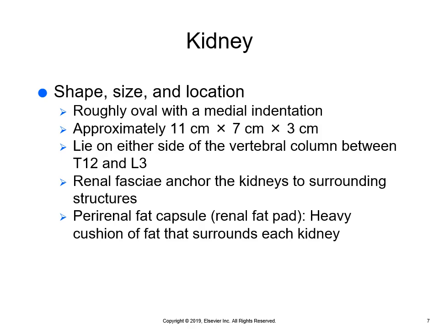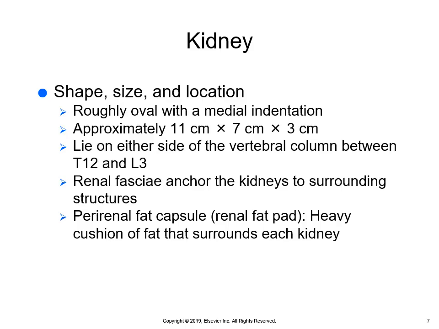Roughly, compared to something we see every day, about the size of a bar of soap. When I say bean shape, that means they're kind of oval and they have a small indentation on one side. That indentation is called the hilum.